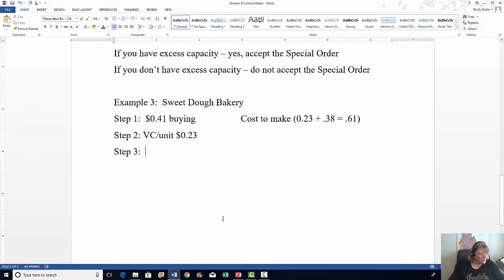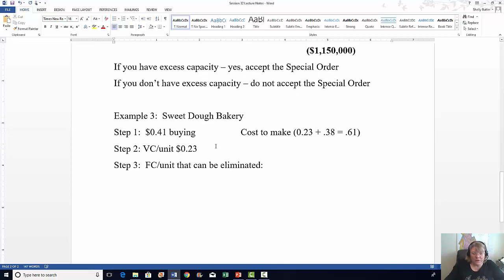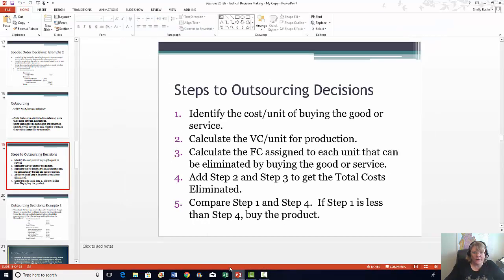And this one is a little bit different. Oh, there goes my voice. I better make that bigger. We want the fixed costs per unit that can be eliminated, so let's take a look at all those. We'll go back over here.